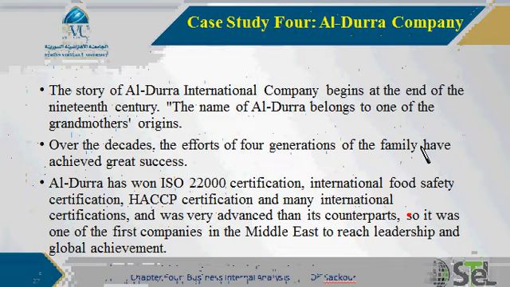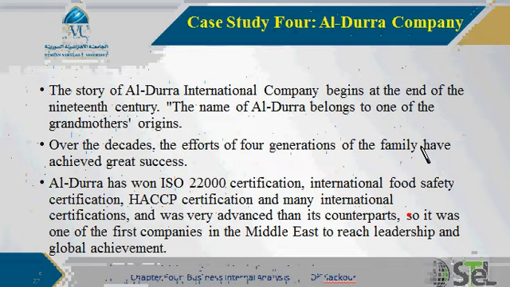At the end of this chapter, we describe and provide a case study of Al-Durra Company, which is an international and local company that began at the end of the 19th century. Al-Durra belongs to one of the grandmother's origins.